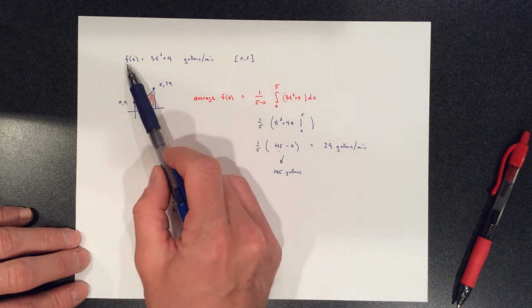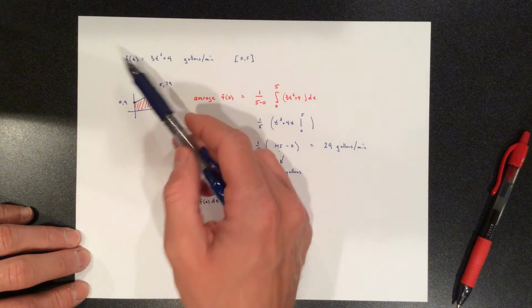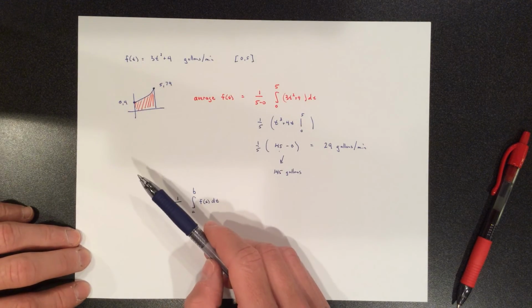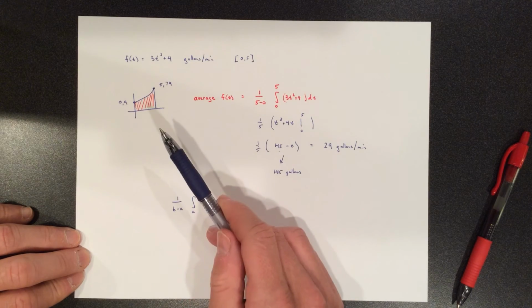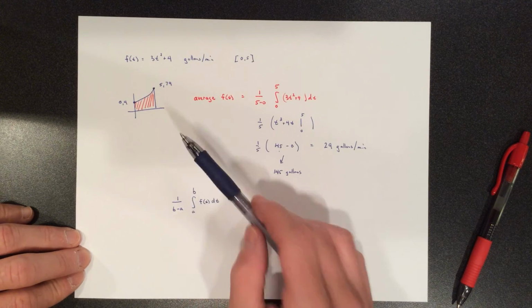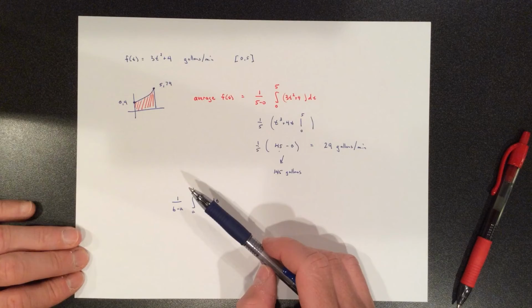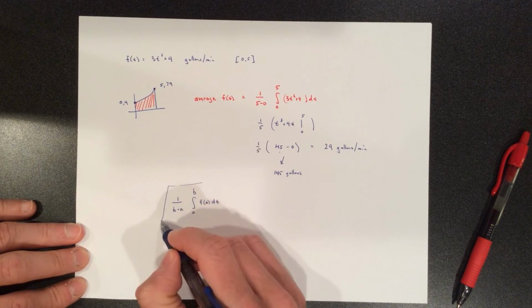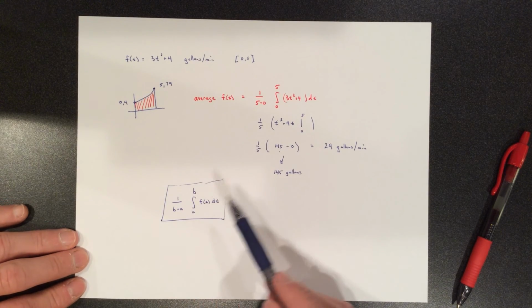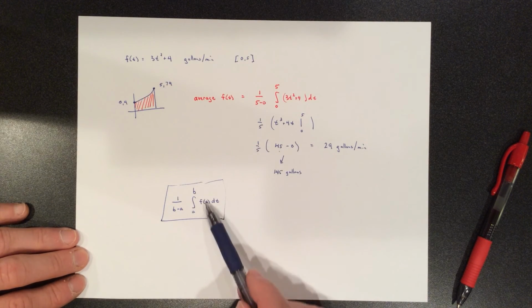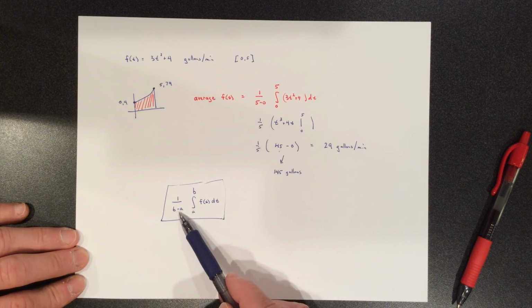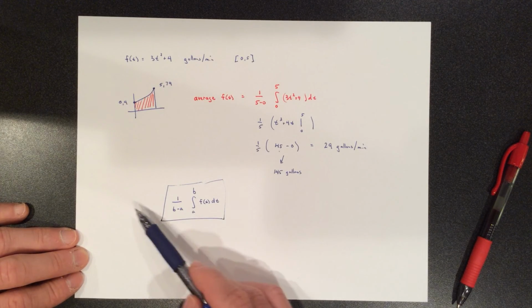You can integrate f of t to find the average f of t, or it can just be totally in the abstract. You can integrate f of x, divide by that width to find the average f of x. Okay, so the average value formula hopefully makes sense both from a calculus perspective of the accumulation divided by width, and also just geometry, in that this finds the area. Multiplying by this is the same thing as dividing by that width to find average height.